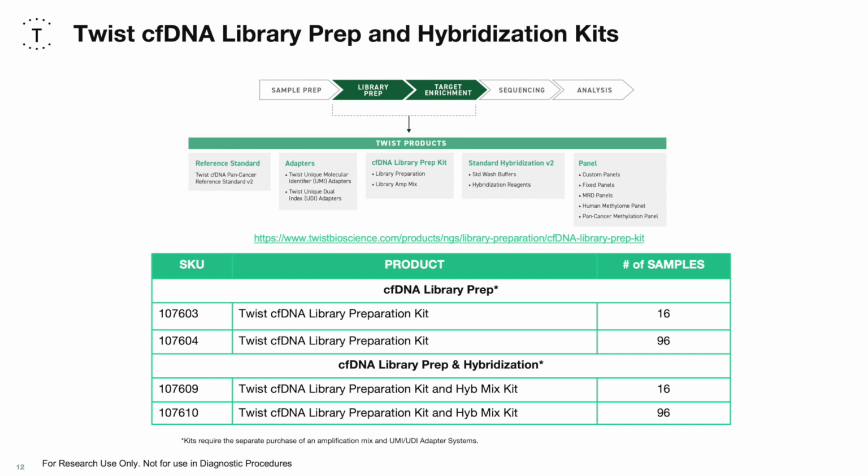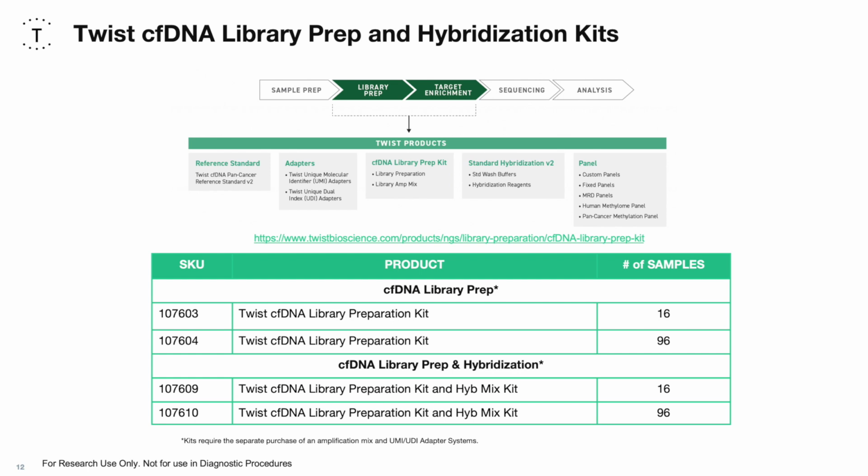Twist offers a comprehensive portfolio of products to support your entire NGS workflow. Our portfolio includes essential components like Twist cfDNA pan-cancer reference standards for robust validation, Twist UMI adapters and UDI adapters for multiplexing and error correction, and the core cfDNA library prep kit itself.